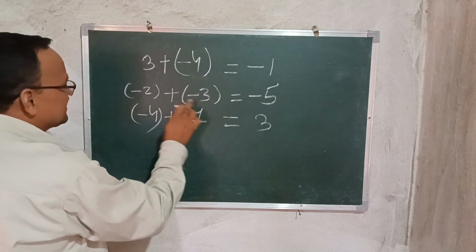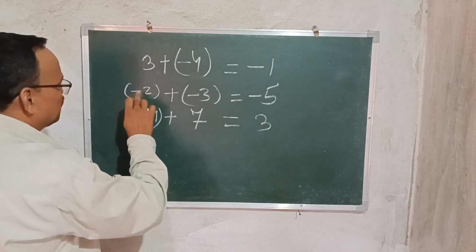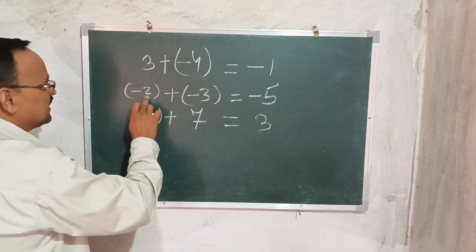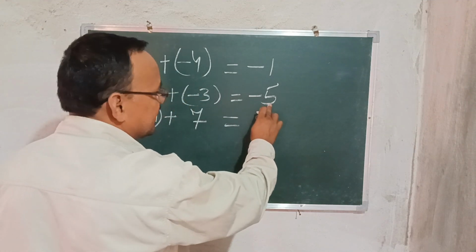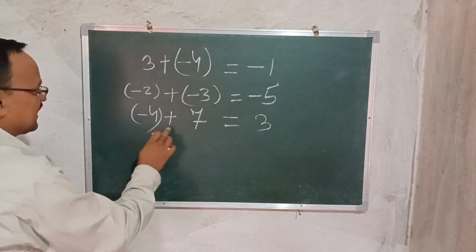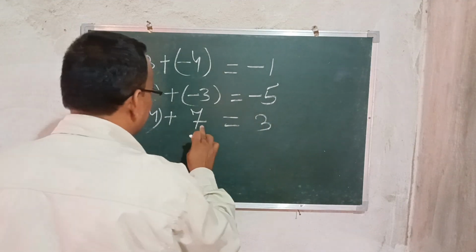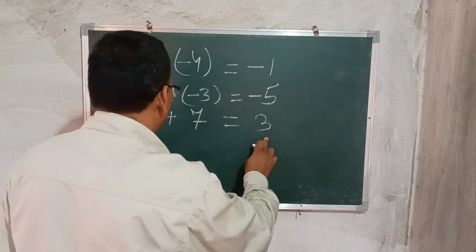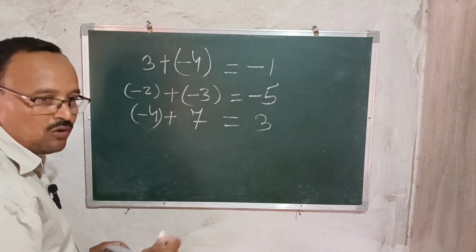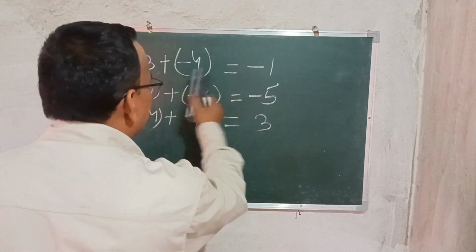And in the second case, minus 2 minus 3, both are negative, and the result is negative also. And in the third case, one is negative, another is positive, and the result is positive. So what are the rules to know how they are added?